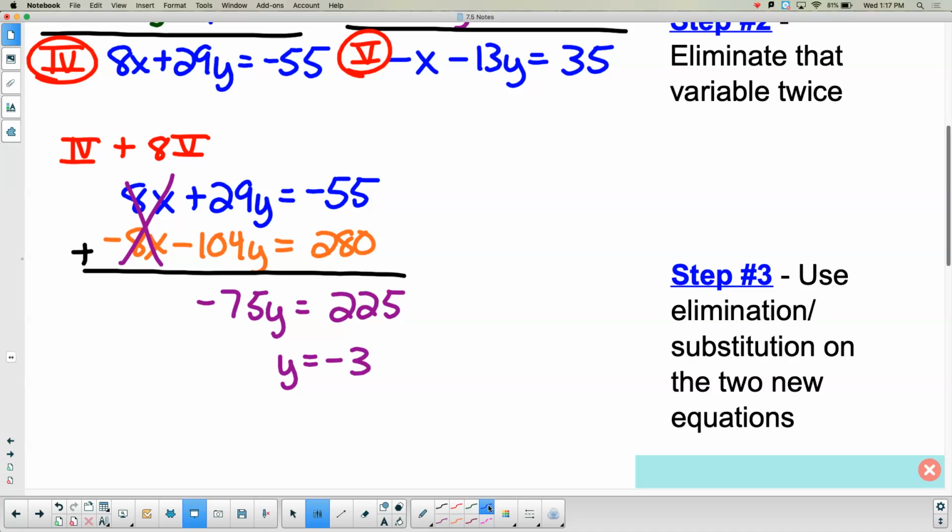Sticking negative 3 into 4 or 5? Which one? What? 5?